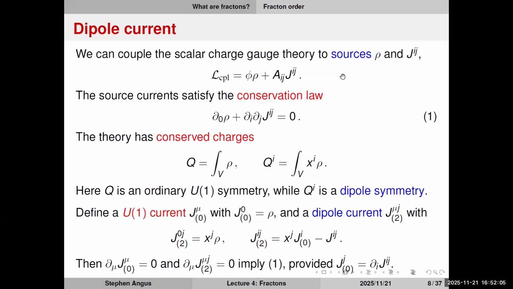This theory describes a fracton in the sense that this particle doesn't have a kinetic term. If you think of it, this is like the electromagnetism of fractons, but usual electromagnetism is for electrons and positrons.